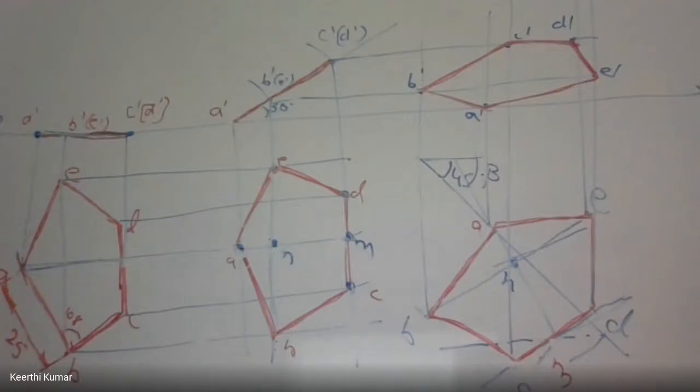Remember, 25 mm sides is resting on HP with one of its corners, such that the edge opposite to this corner is 20 mm above HP, and makes an angle of 45 degree with VP.